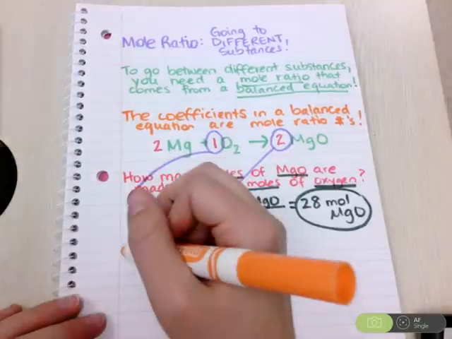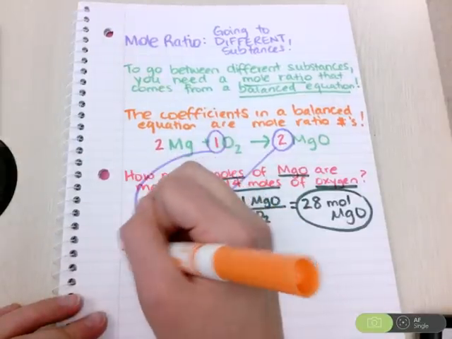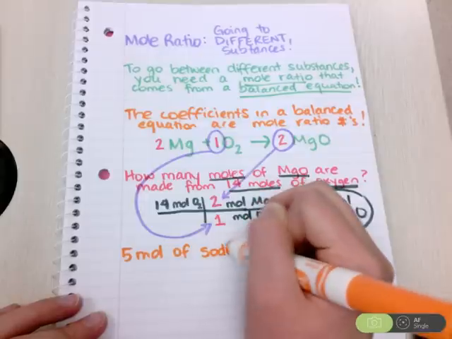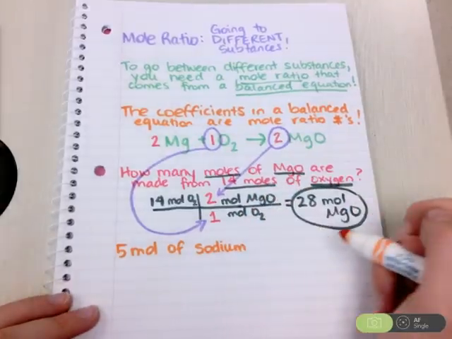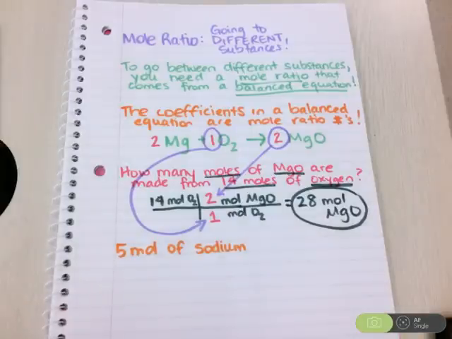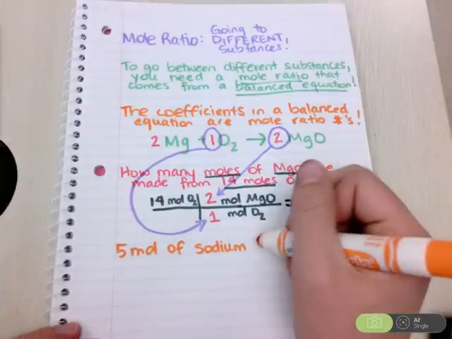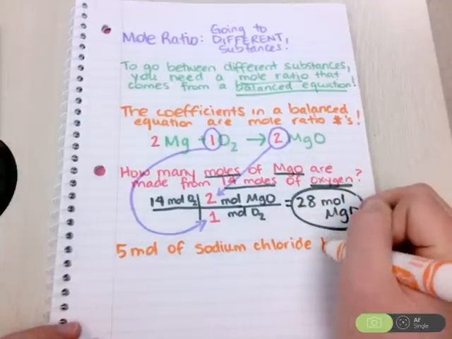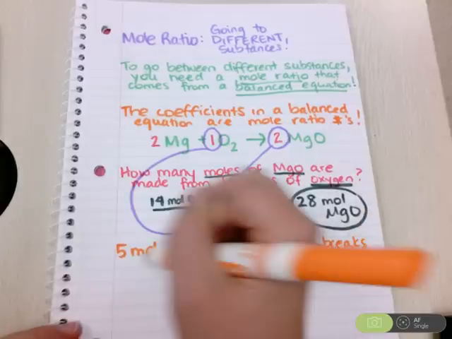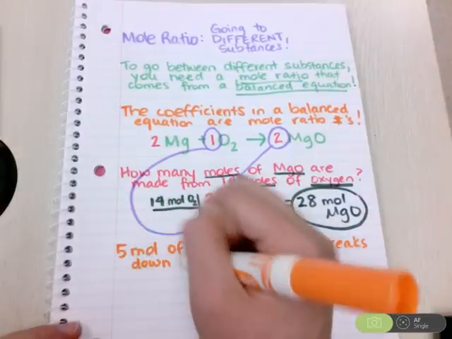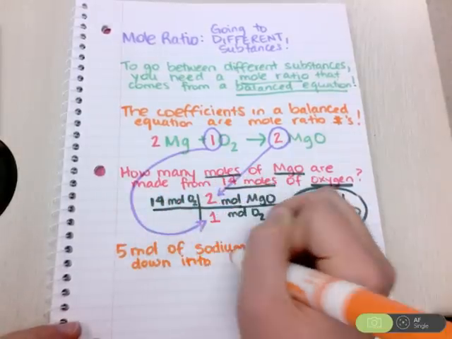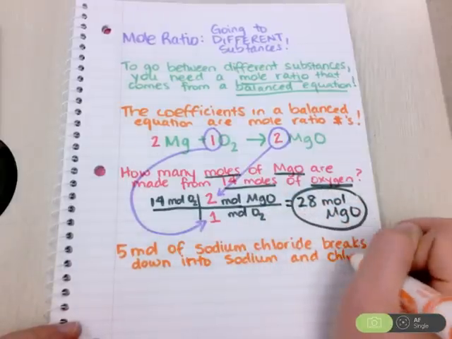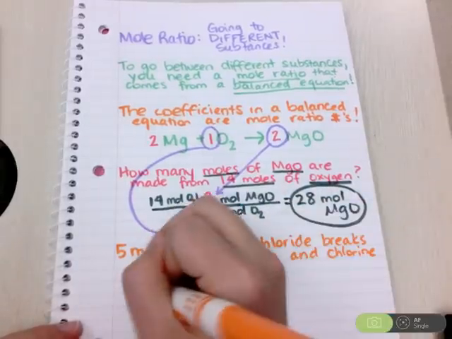All right. Let's say I have 5 moles of sodium chloride that breaks down into sodium and chlorine gas.